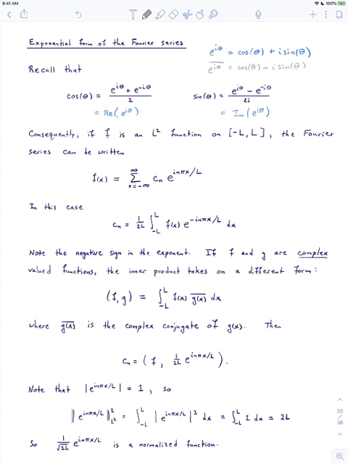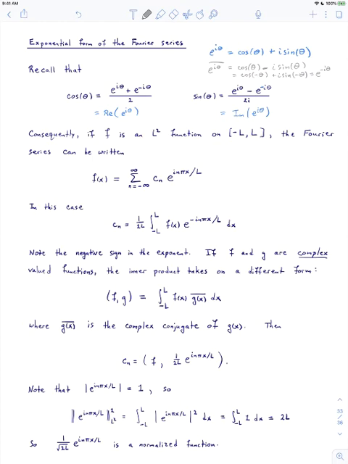But then you can write this as cosine of minus theta, because cosine is an even function, plus i times sine of minus theta, because sine is an odd function, so it takes that minus sign inside. And now this is e to the minus i theta. So that's why the complex conjugate of e to the i theta is e to the minus i theta. At any rate, when you have complex valued functions, the inner product just requires that you use that complex conjugate. That's why there's a minus sign right there. It comes from that complex conjugate.